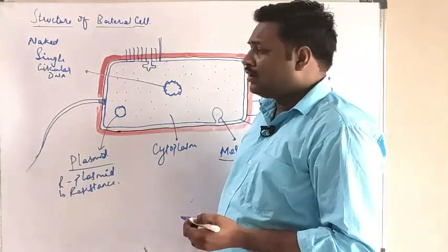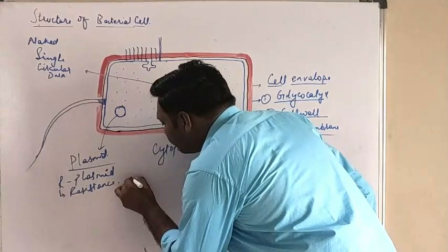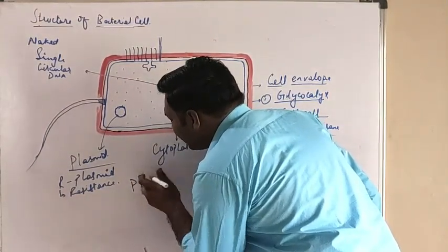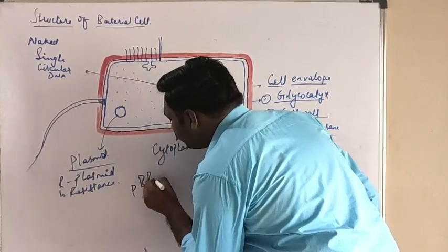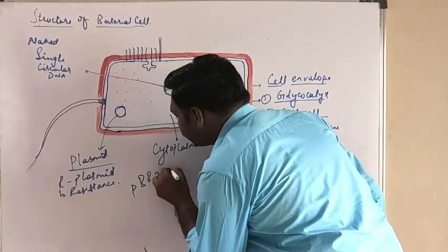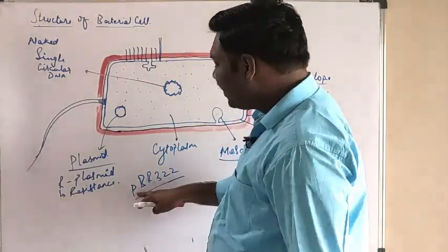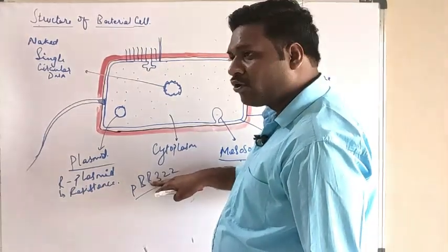If we take an example of a plasmid, there is a plasmid called PBR 322. This is the name of the plasmid. Now what is PBR? P stands for plasmid, B stands for Bolivar, R for Rodriguez.